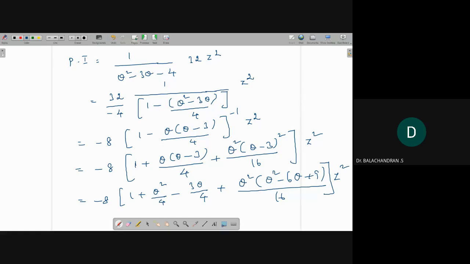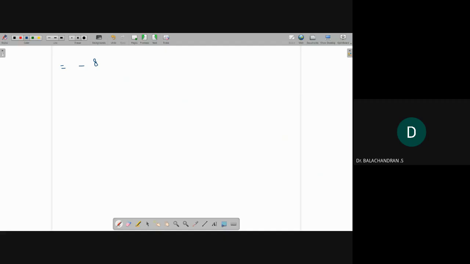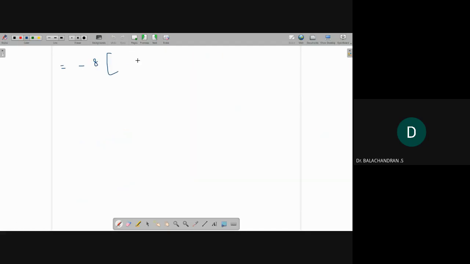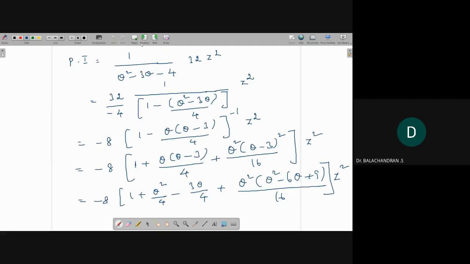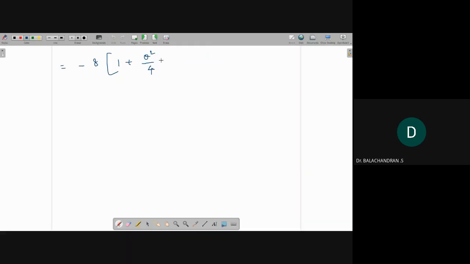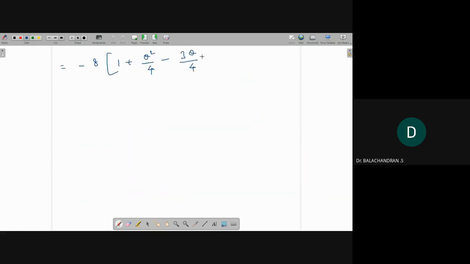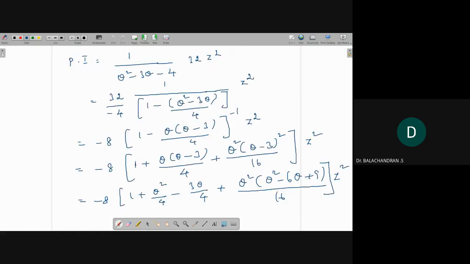So on the next page I will write minus 8 into 1 plus theta square by 4, and then minus 3 theta by 4, and then 9 theta square divided by 16 into z square.